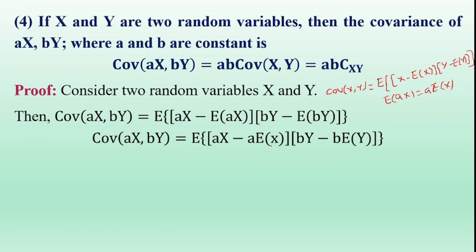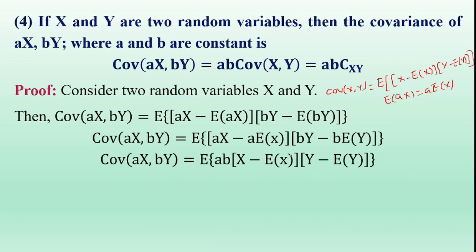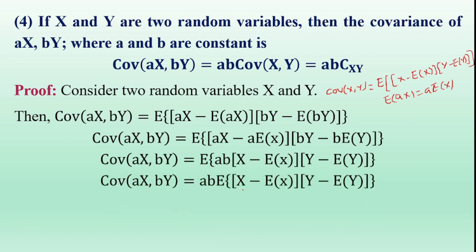Now within the bracket term, a is common in the first two terms and b is common in the other two terms. So the RHS term is written as ab, which is a constant, into the expectation of (X minus E of X) into (Y minus E of Y).